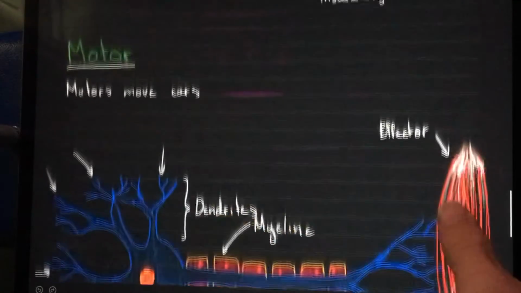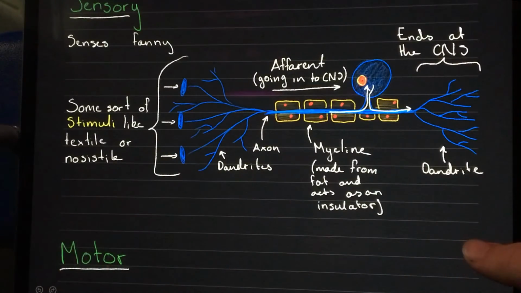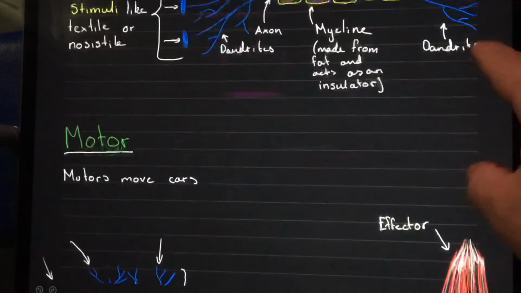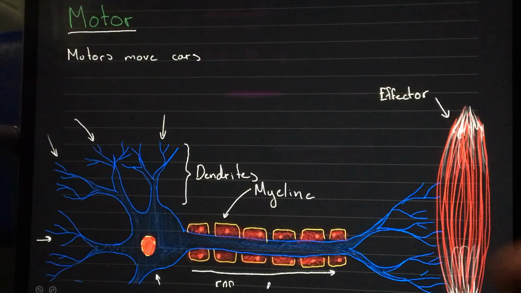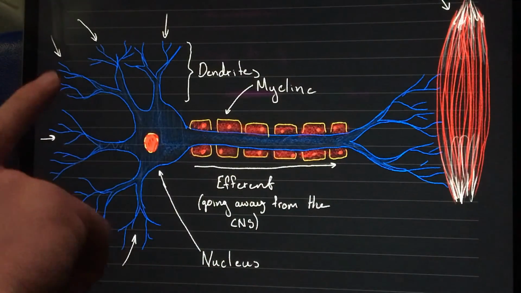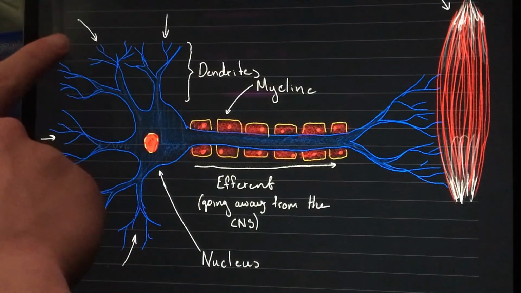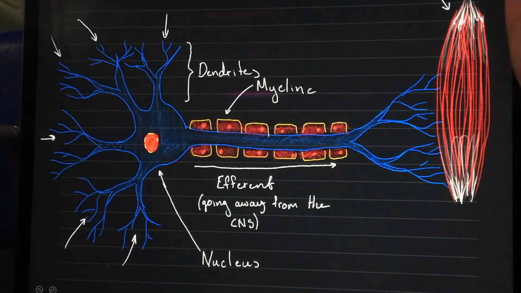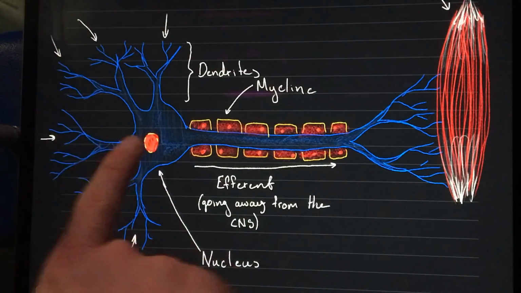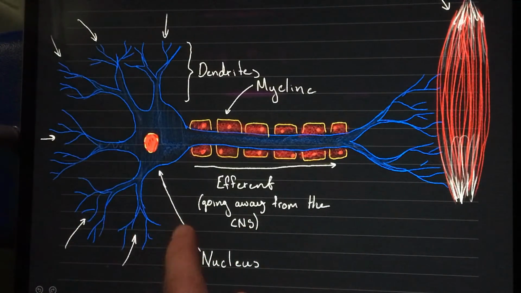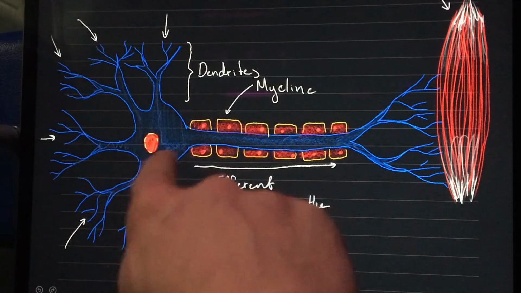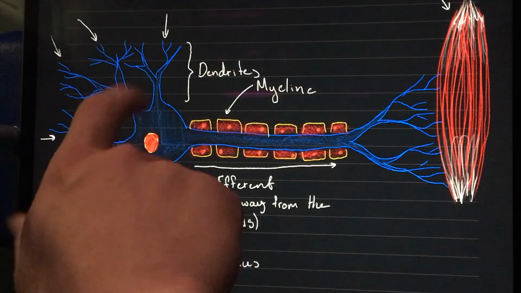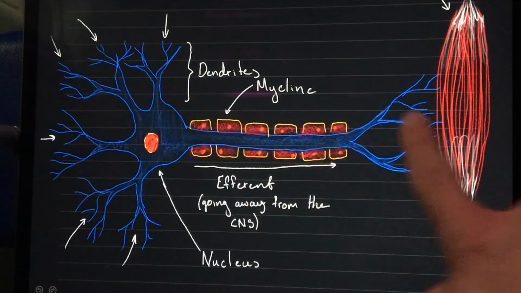So once the sensory cell sends its information to the intermediate cell, or the relay cell, that is found in the brain as well as your spinal cord, those cells send a commanding message back to the effector, so the muscle or gland, which goes through the many dendrites that are found on the head, so already on the cell body, right, of the cell, and they are transported through the axon.